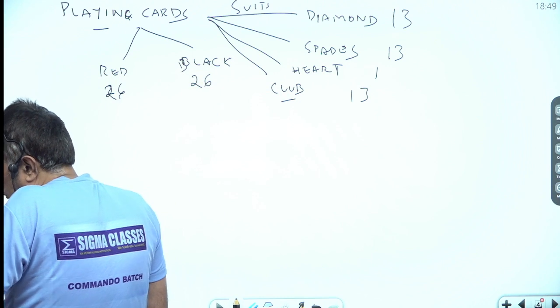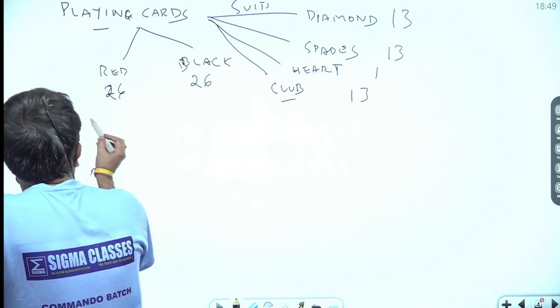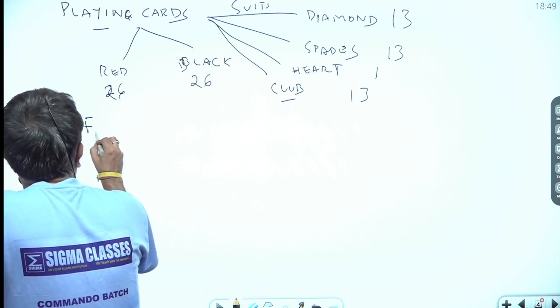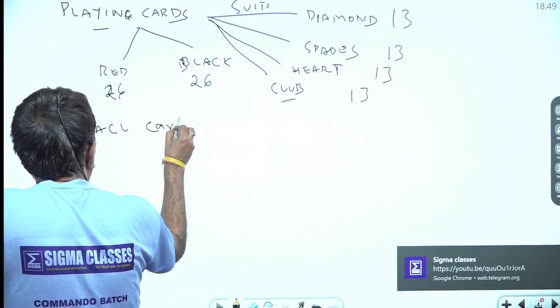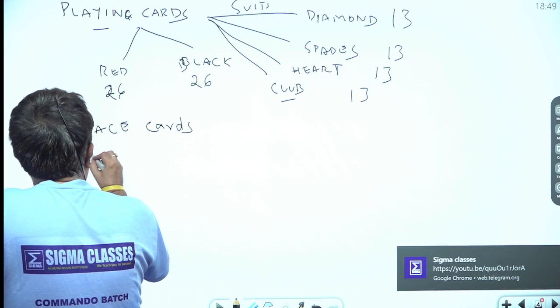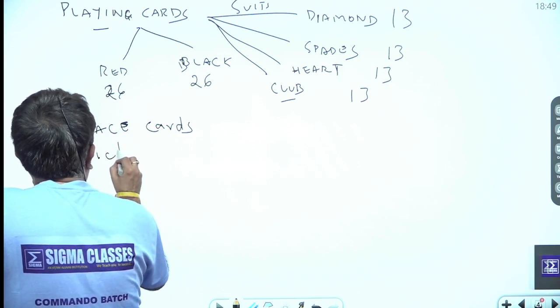Now, the other question normally are the face cards or picture cards.